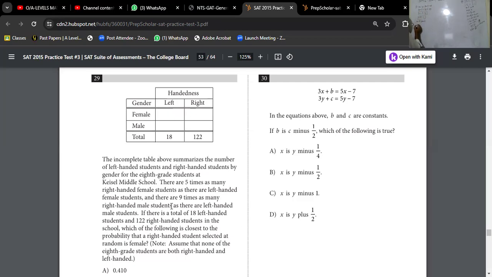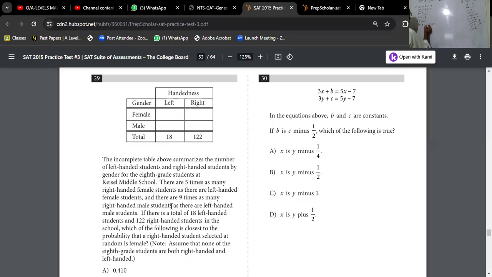So 3x plus b minus 3y minus c is equal to 5x minus 7 minus 5y plus 7.